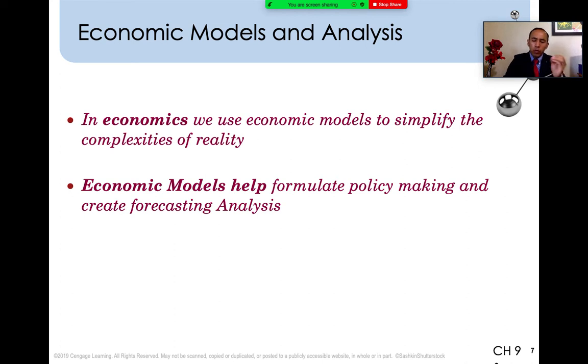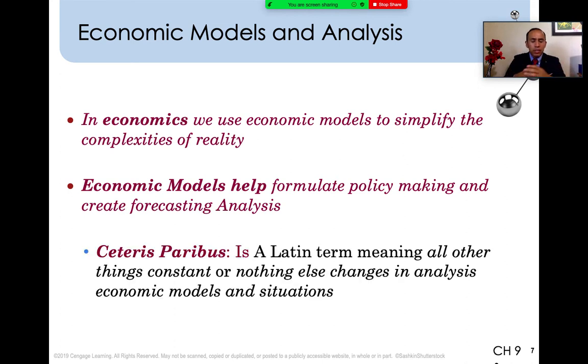And we do this by using a ceteris paribus assumption, which is a Latin term that means everything else constant or nothing else changes during the analysis or economic modeling situation, so that we can analyze certain factors or variables one at a time.